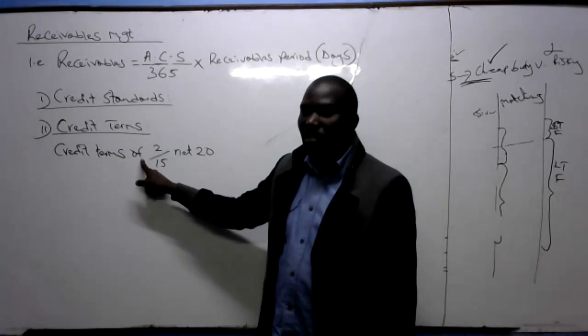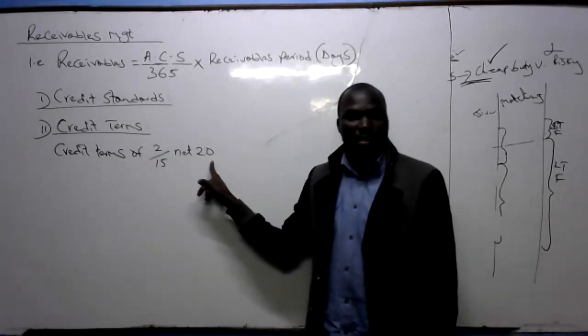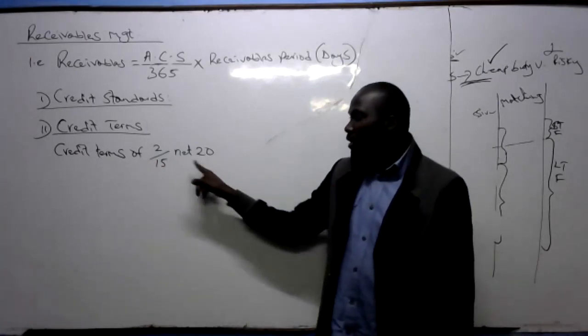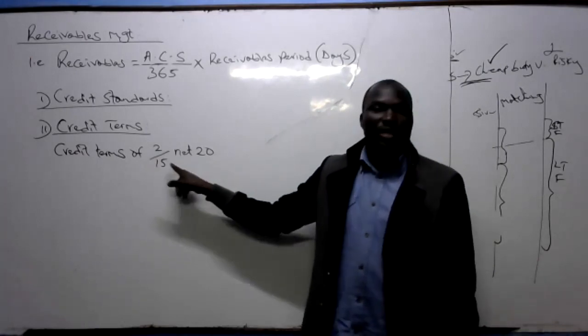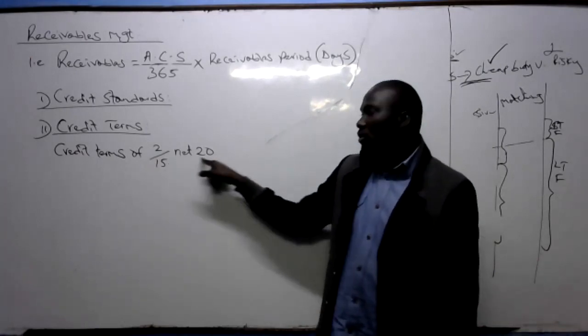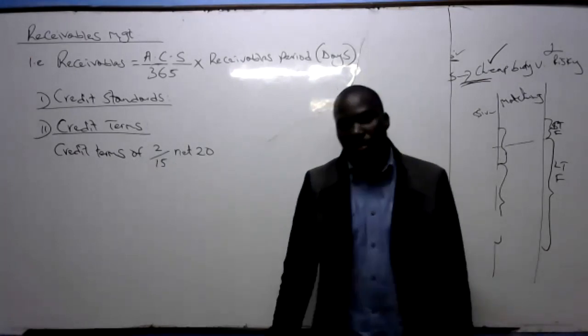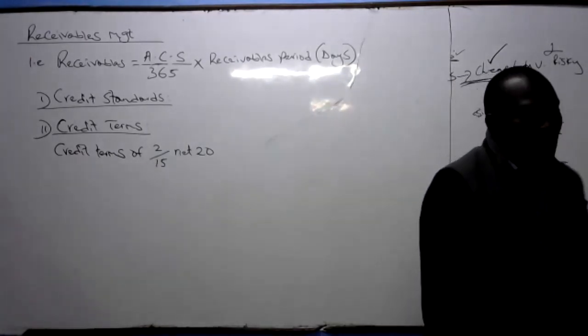If you can't manage, don't go past 20. We must have a limit. So if you pay after 15 days, you will not enjoy the discount, but your period should not go beyond 20 days. That's how. So let's put that one down.